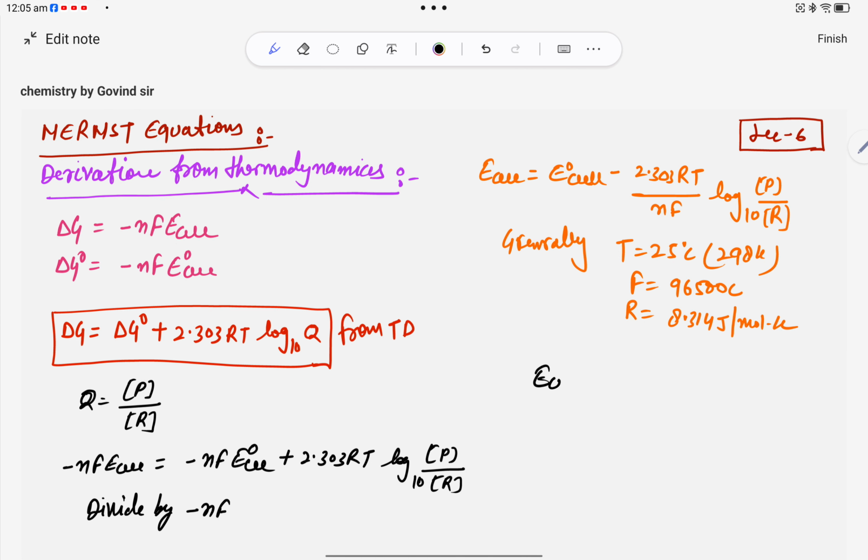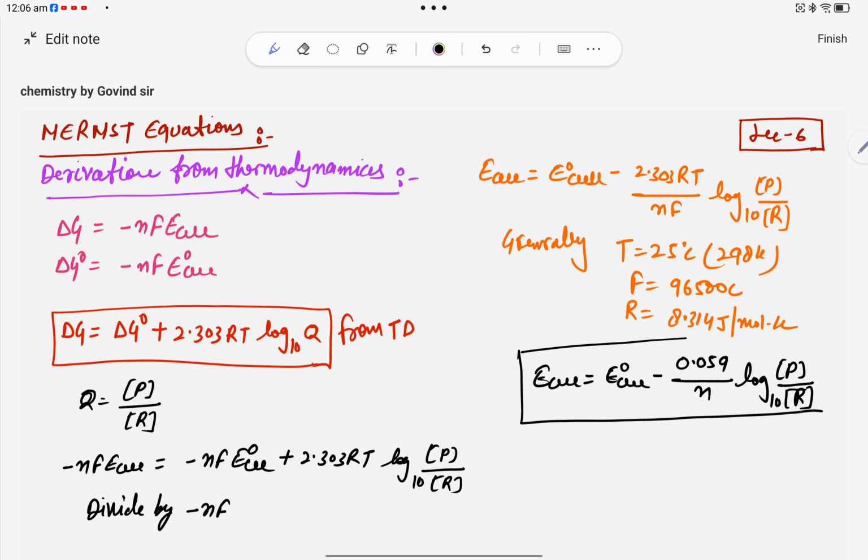E cell is equal to E naught of cell minus 0.059 upon N log P upon R. So that is the derivation. Although they are not asking for the derivation, for your understanding only I am explaining it. So let's solve a problem related to this and finish the video.